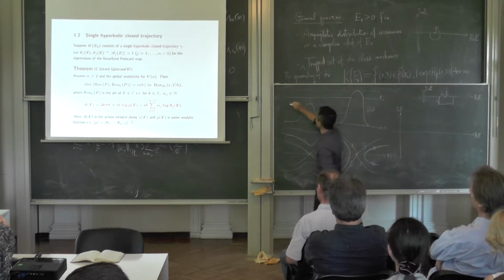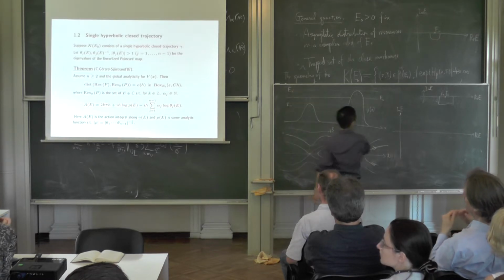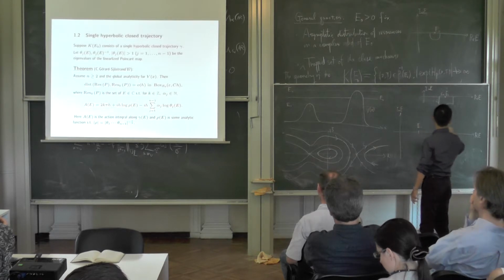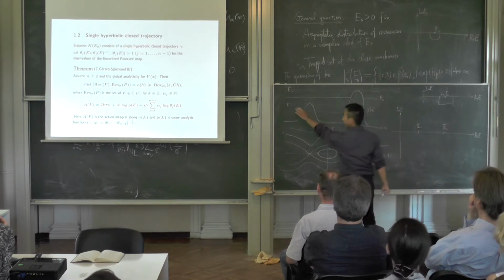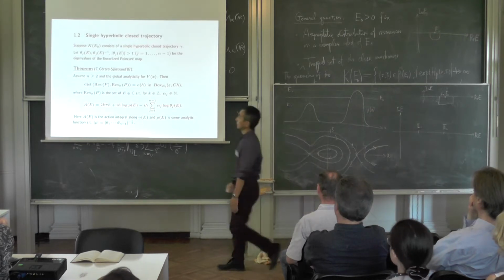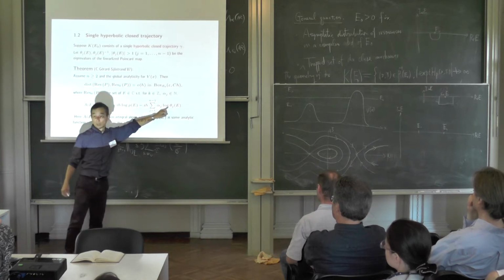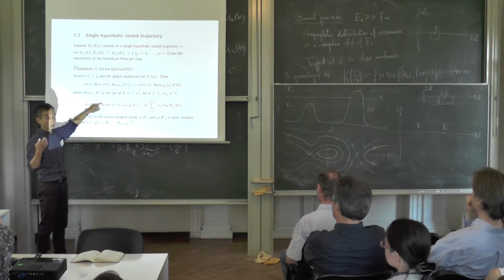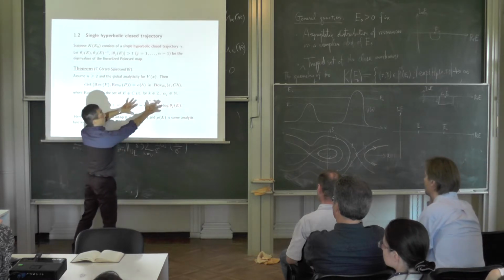So say this is E1 and this is E2, this is level. Then below E1 you have, roughly speaking, such a quantization rule which is similar to the Bohr-Sommerfeld quantization rule if you forget this one.